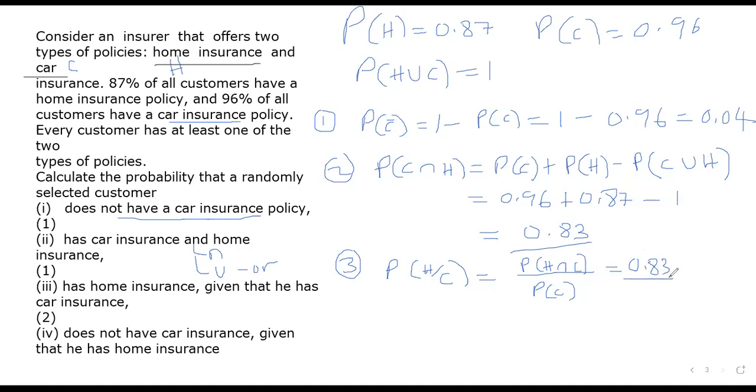And what is the probability of C? 0.96. So when you divide that, what are we getting? 0.86.